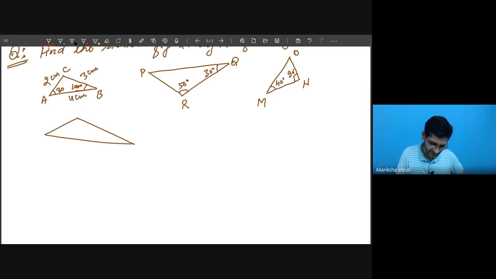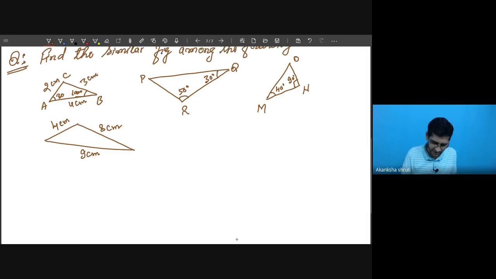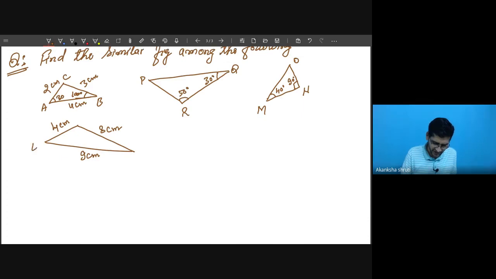And then this length as 8 centimeter, this length as 9 centimeter, this length as 4 centimeter. Consider this as EFG.